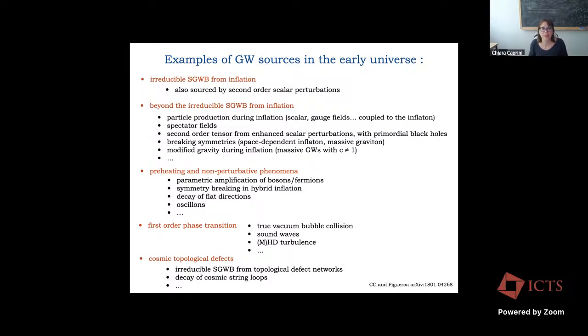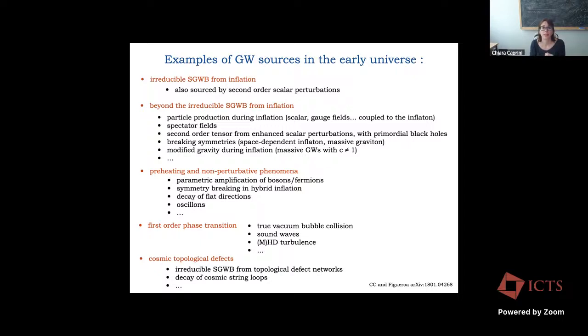So there is a lot going on concerning gravitational wave production at inflation. First of all, there is the irreducible background from inflation that is due simply to the amplification of vacuum quantum fluctuations of the metric.